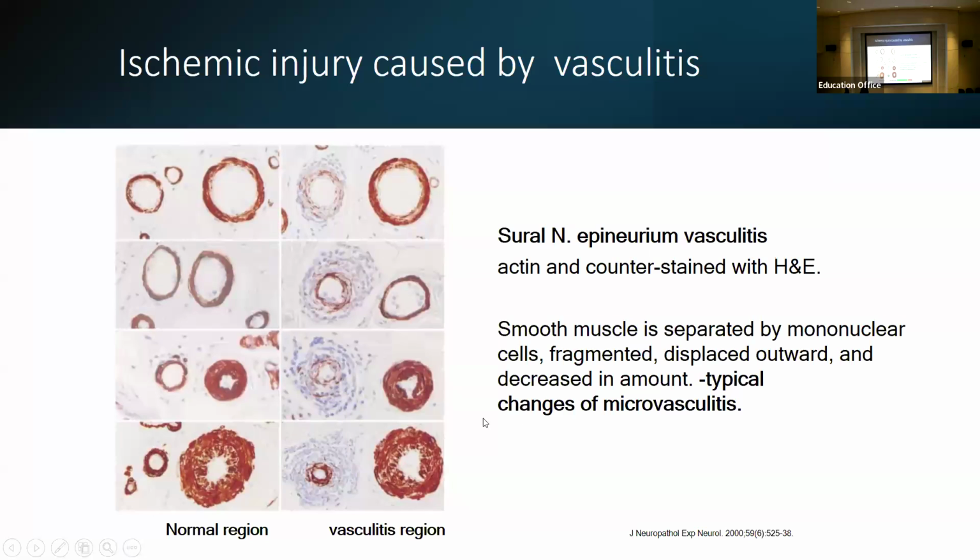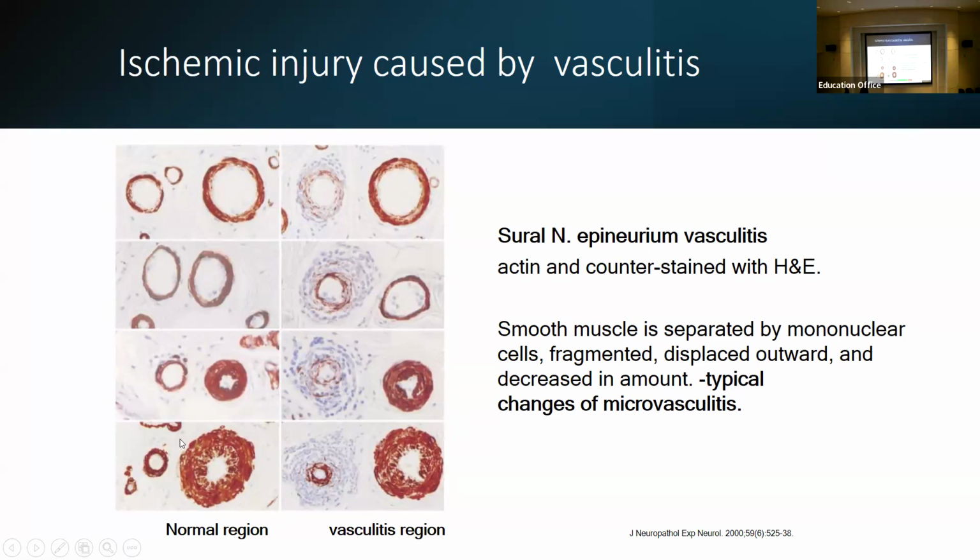And this was done in the same study. So they basically did immunostaining in the damaged axon vessels compared to the normal region. They stained the vascular smooth muscle with actin, which is shown here in brown, and then counterstained with H&E.